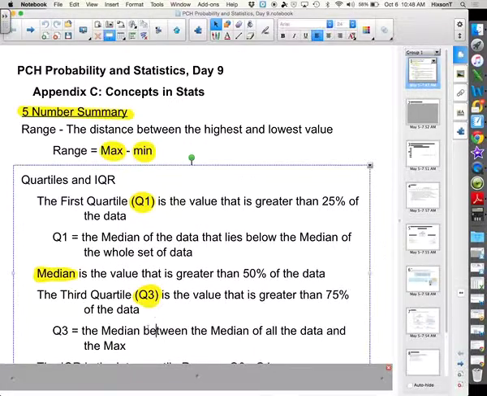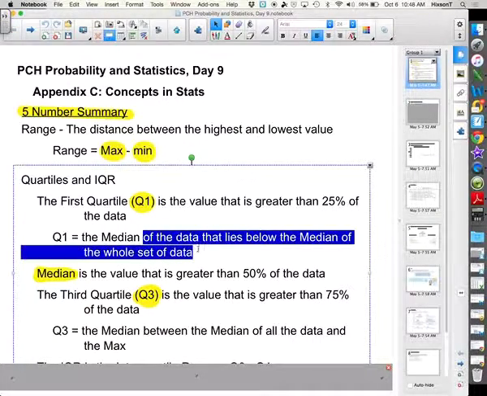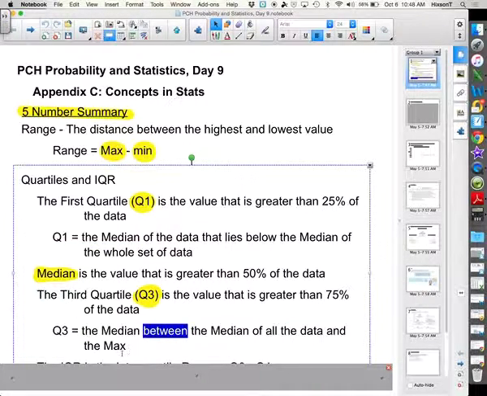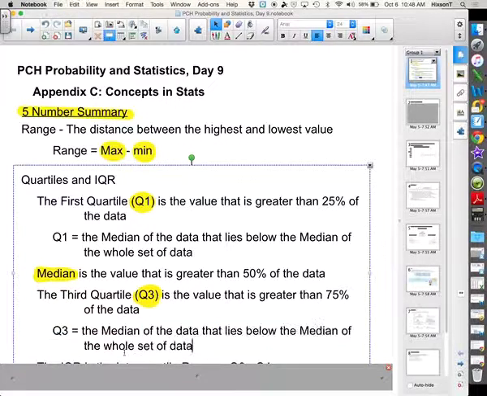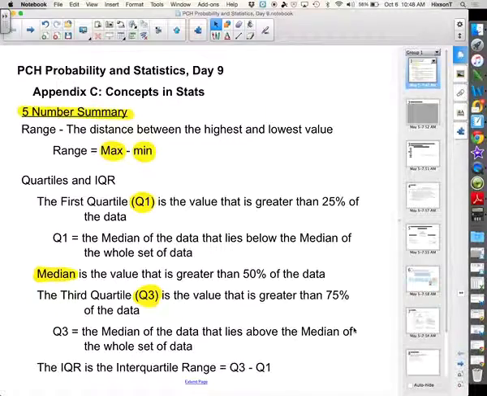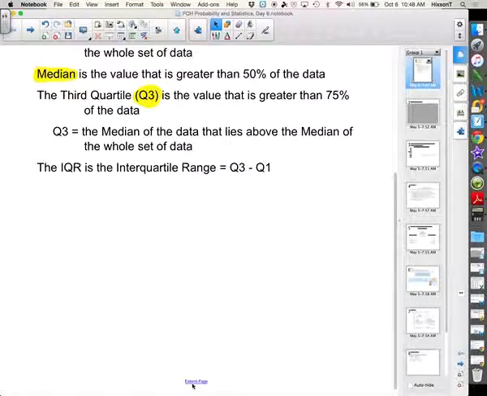It's the median of the data that lies above the median of the whole set of data. Okay? And then finally, we have what's known as the IQR, the interquartile range.